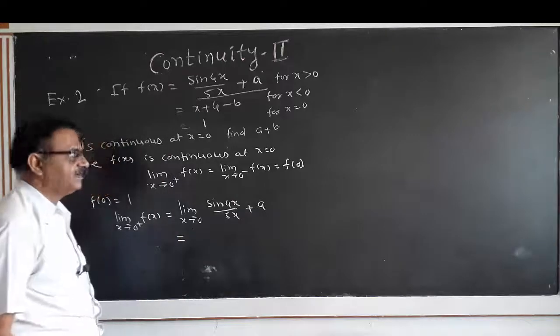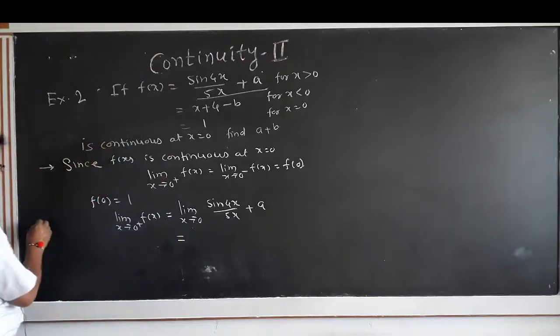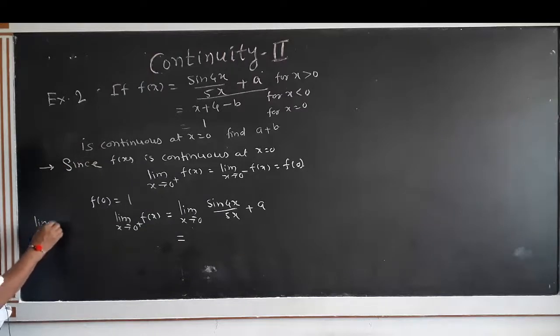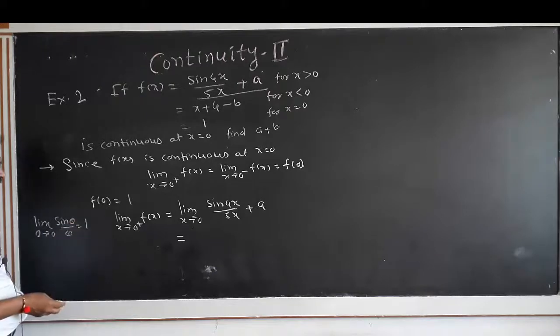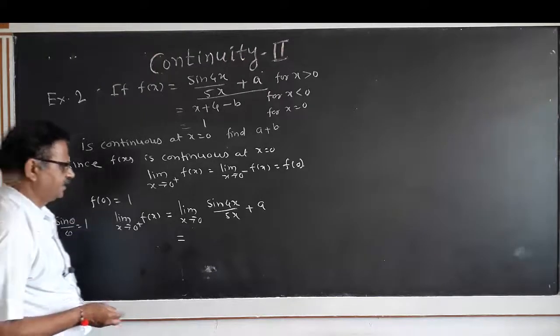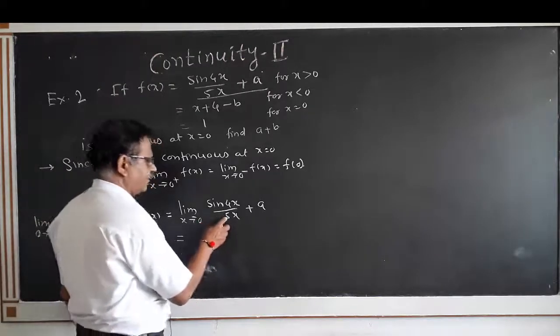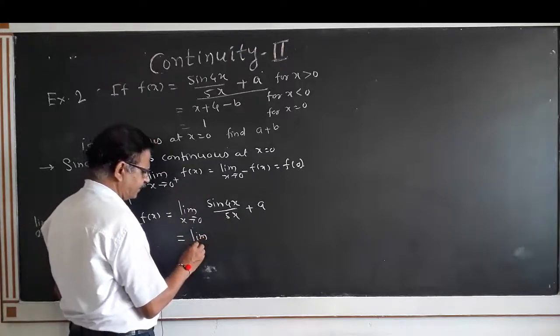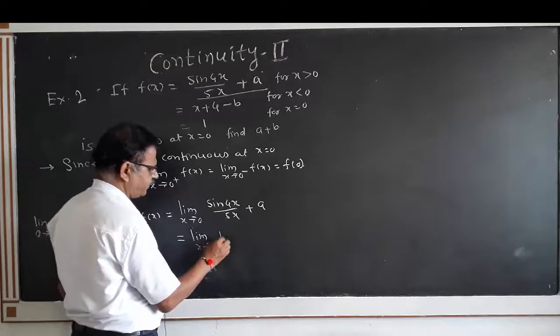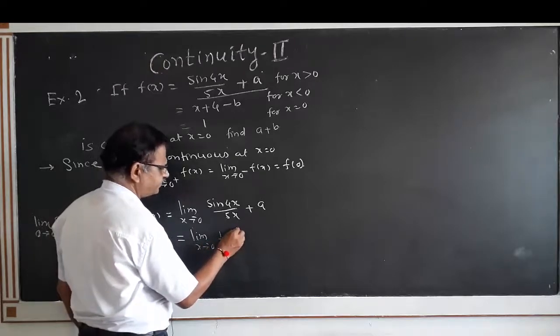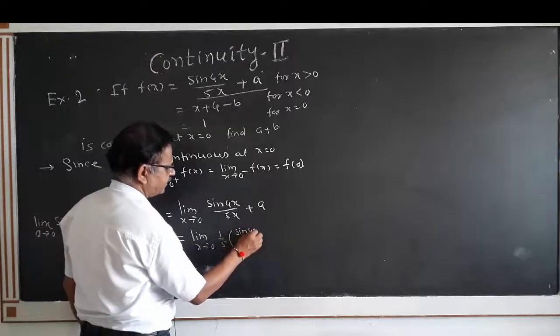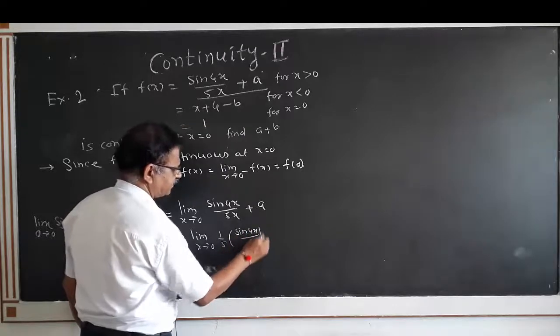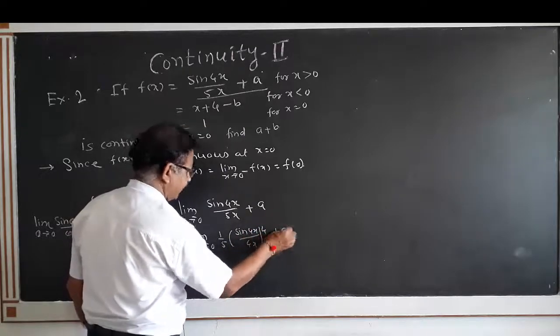Now, we know that limit theta tends to 0 sin theta divided by theta equal to 1. Therefore, here we require 4x. We shall make arrangement of that. Limit x tends to 0 of 1 by 5 into sin 4x by 4x into 4 plus a.